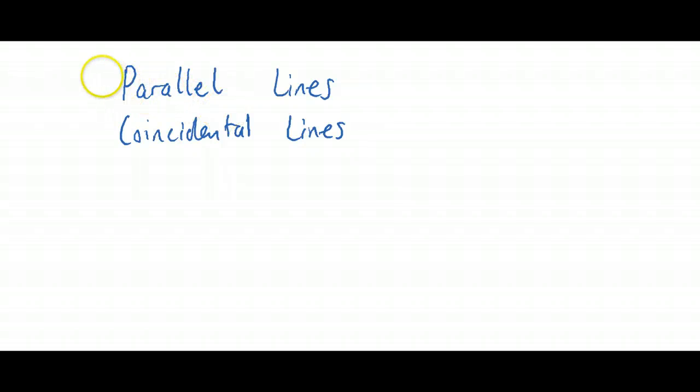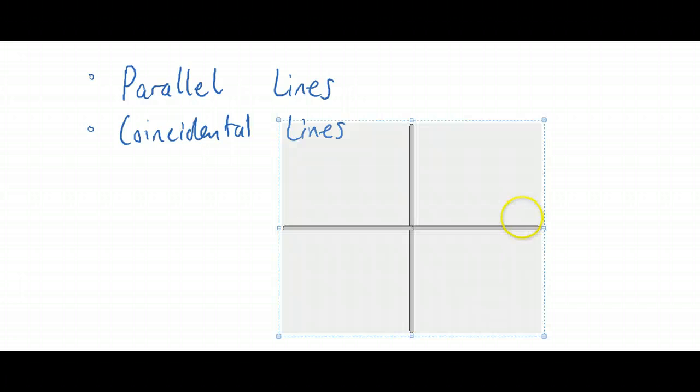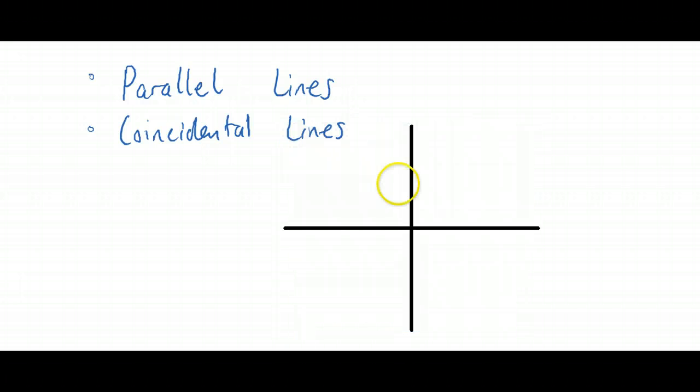Okay, I'll just mention quickly two particular situations that might arise when you're solving simultaneous equations. One is parallel lines, and the other one is coincidental lines. Parallel lines, hopefully you're familiar with that term, is when you've got two lines that have the exact same gradient. So these two lines here, although they're in different places, are rising at the exact same rate.